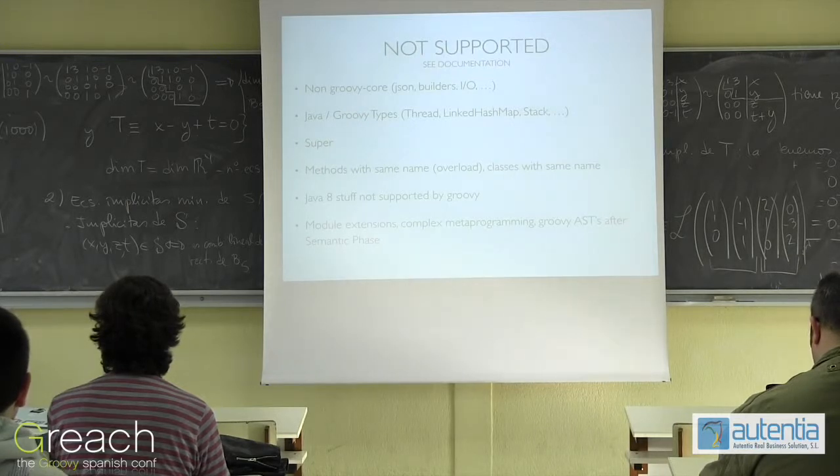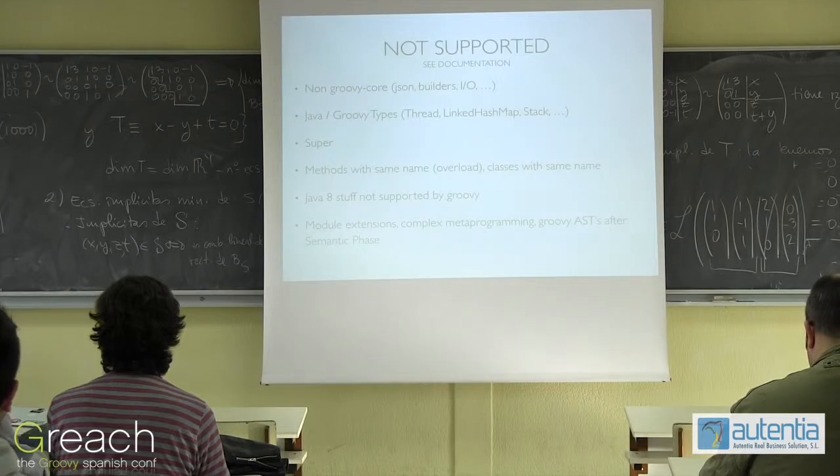I don't want to detect the type of the parameters. So I prefer to say, hey, you can't have two methods with the same name. It's a restriction, but I think it's good for the performance of the library. So you have to have that in mind. Also, all the things that Groovy does not support are not supported by Grooscript.